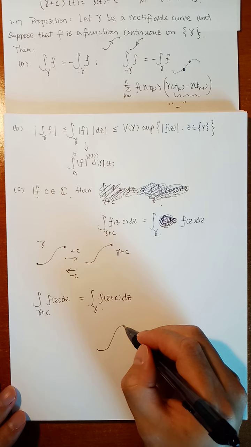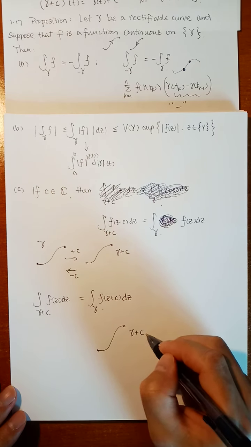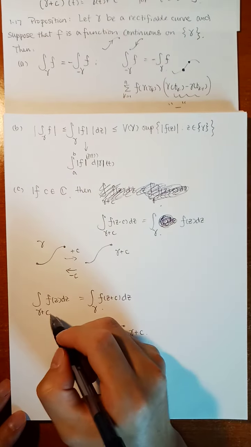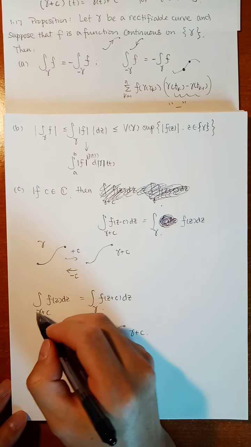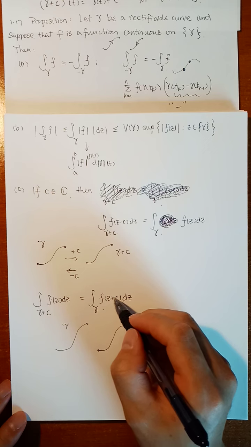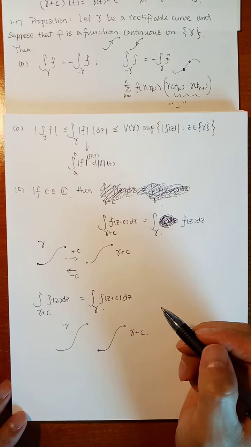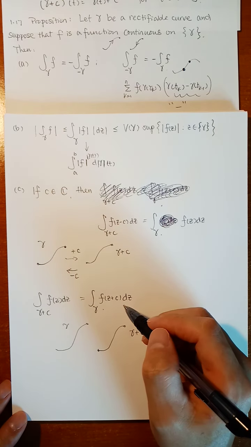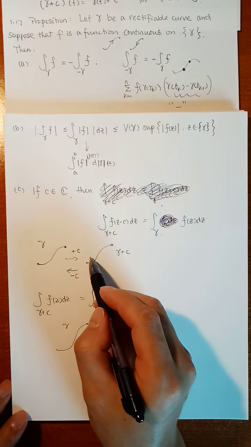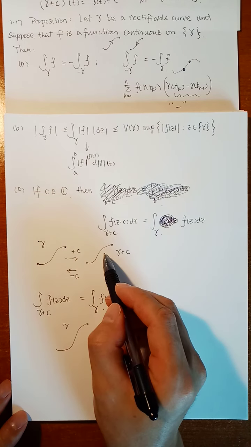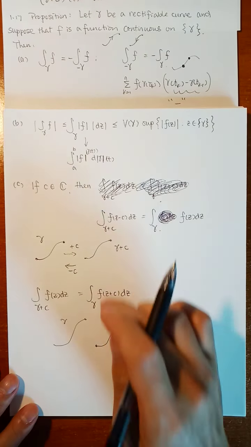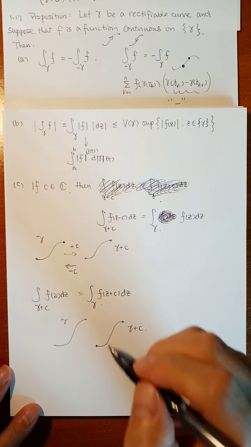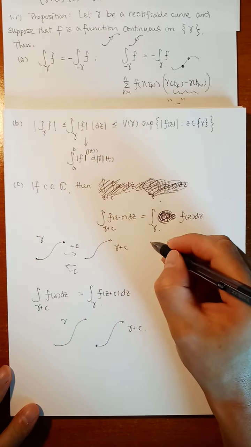If f is defined over gamma plus c, this trace, you can add this c along the curve, or you can add c directly to the variable. It's the same action, but here it means you translate forward and backward. It's the same thing.